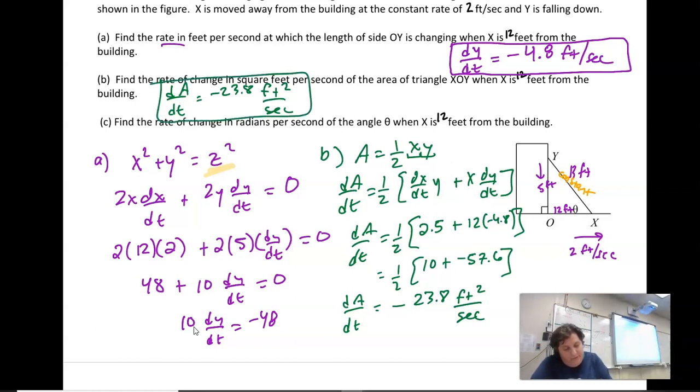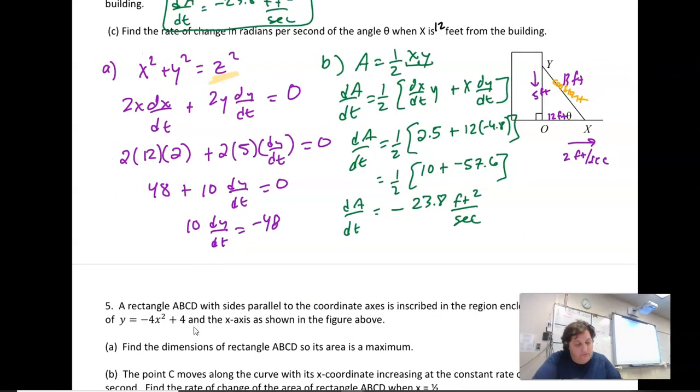Okay, now we're finding the rate of change in radians per second. All right, cool. So we need to come up with an equation. Now, if all three sides are changing, it doesn't really matter if you use sine, cosine, or tangent. But in this case, I want to incorporate that side because it's a constant. So I'm going to use sine.